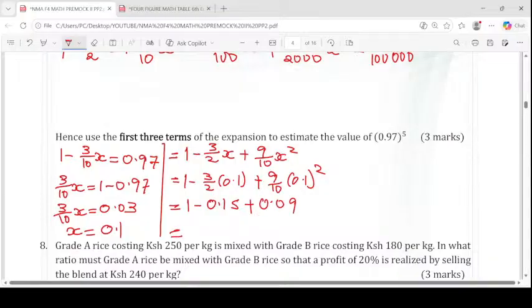Then now let us sort it. This exactly gives you 0.859 as the answer to that question number 8 on binomial expansion.